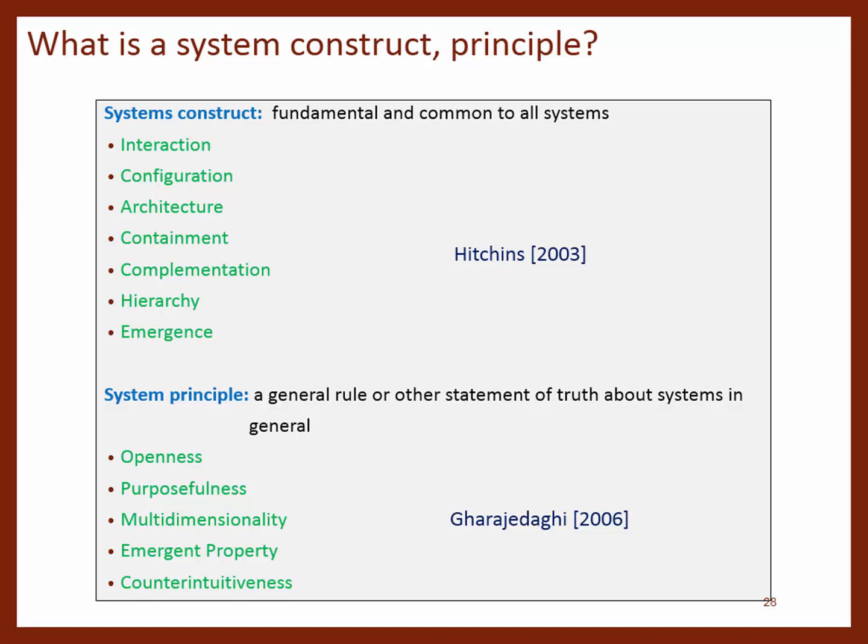So system principles. Here I have the principles, the system constructs. Again, there are 7. We just discussed them. System principles, those are the ones that we are going to discuss now. A general rule or other statement of truth about systems in general.